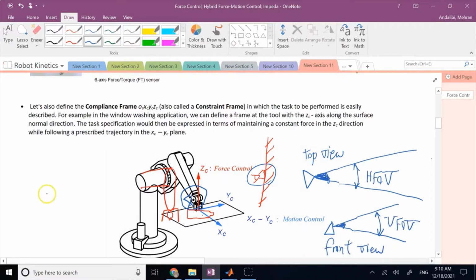So in general, let's see if I can draw something for you. This is the center. So you will have this kind of truncated cone. Of course, it's not exactly like that, so it's where all of these lines would kind of intersect.